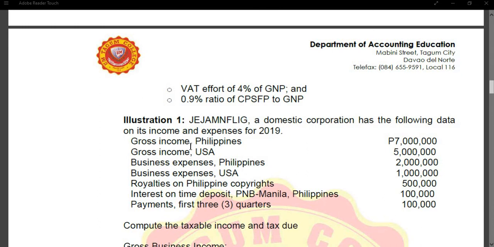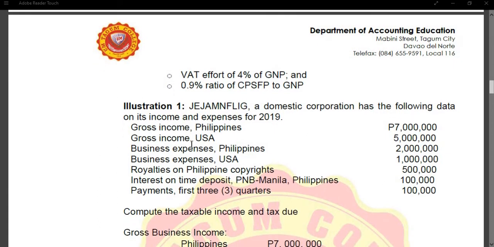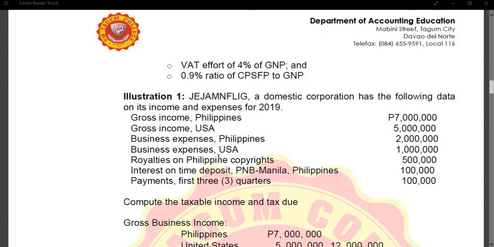The corporation has gross business income from the Philippines and USA, royalties on Philippine copyrights, interest on time deposit with PNB Manila, Philippines, and payments for the first 3 quarters.